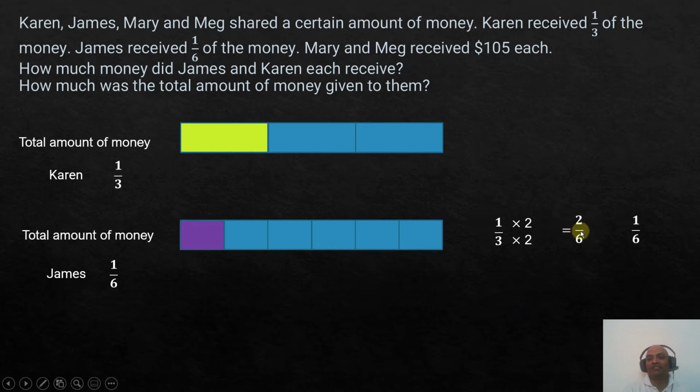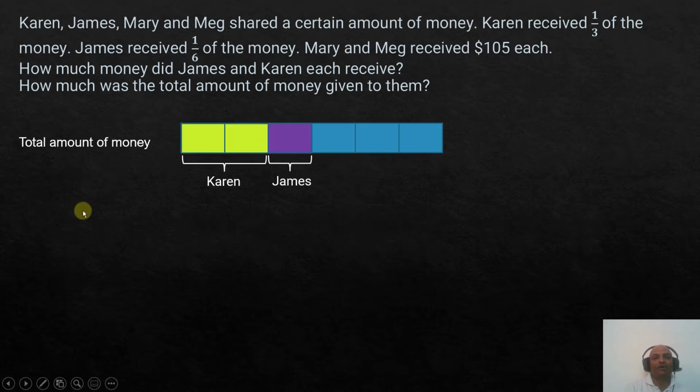So that gives us 2/6. So essentially what you're going to do is divide this into 6 parts, and out of that, this will be divided into 2 parts, this into 2 parts, and this into 2 parts. So this 1/3 is the same as 2/6, as what you see here.